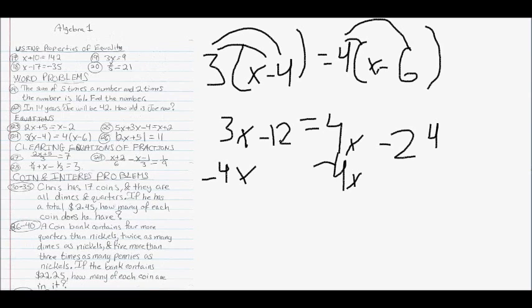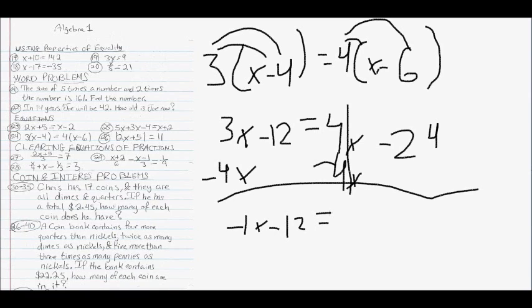By doing that, I'm subtracting 4x from this side. It doesn't matter what side. I'm subtracting 4x from this side. This crosses out. Then you're left with negative 1x minus 12 equals negative 24. And then I'll get rid of the 12.